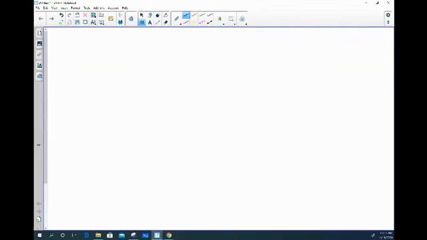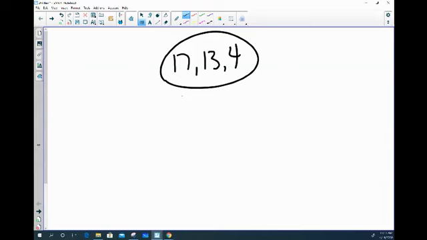So let's recap before we go on. I'm given 3 numbers. It doesn't matter what order the numbers are in. First thing I do is rearrange those so that they're in numerical order, smallest to greatest, 4, 13, 17. Then I'm going to square all of the numbers. Add the first 2, they have to equal the third.